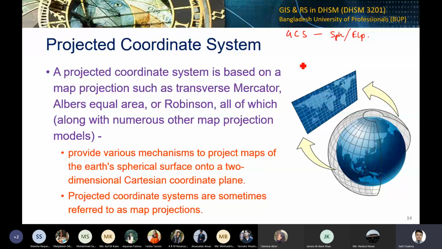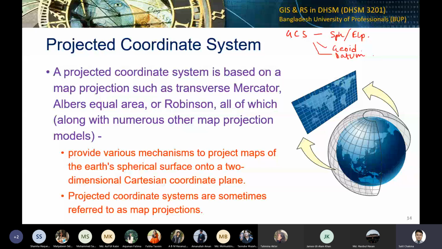GCS is highly dependent on the geoid, and for a specific GCS, a specific geographic coordinate system uses a specific spheroid or ellipsoid, and that spheroid or ellipsoid is known as a datum.